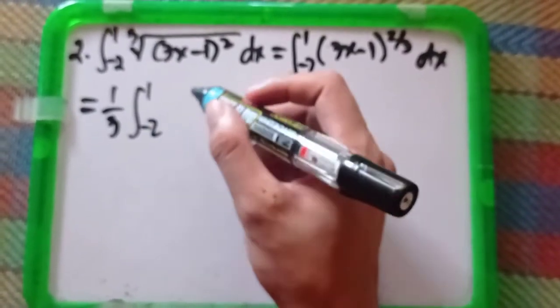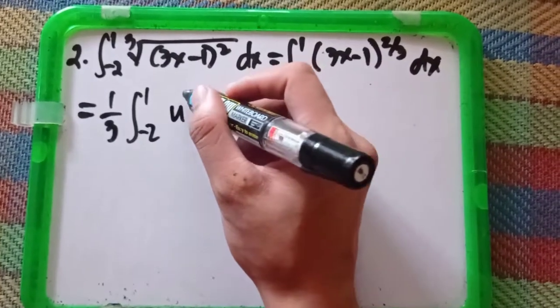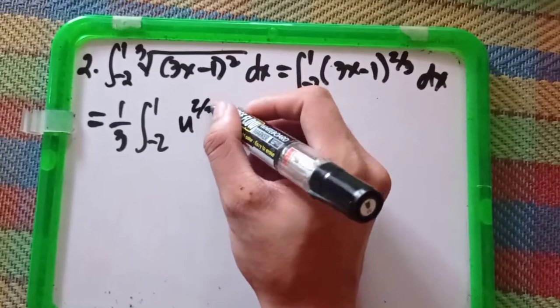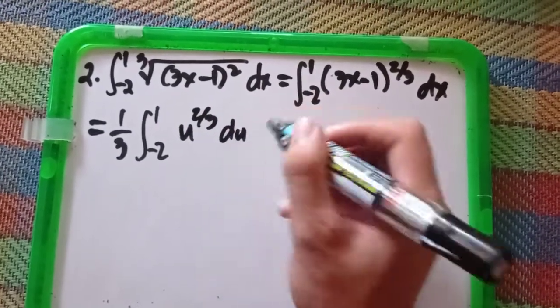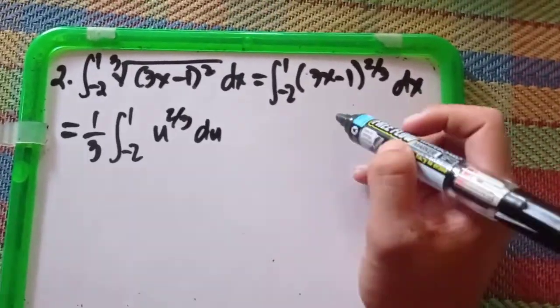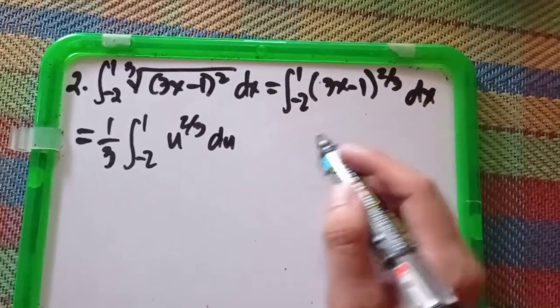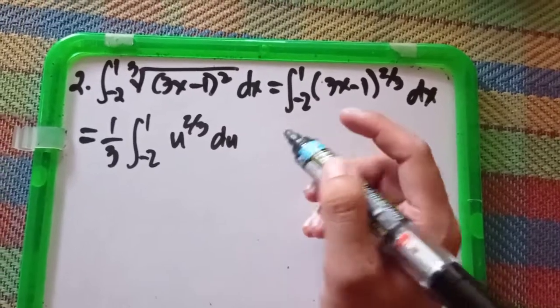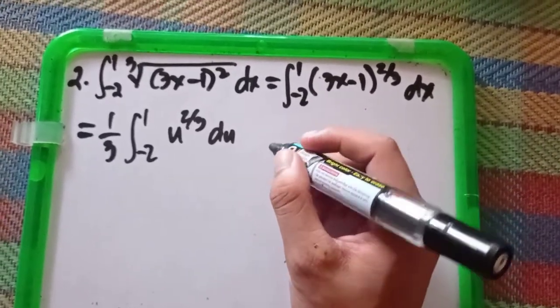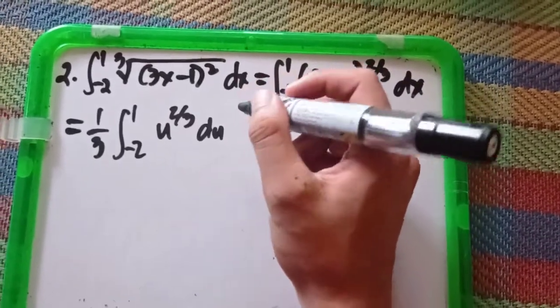So next is u raised to 2 over 3 du over 3, or du is equal to 3 dx kanina, so u substitution. So next is apply na yung integration.